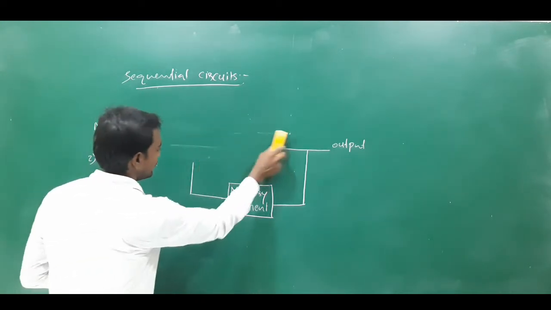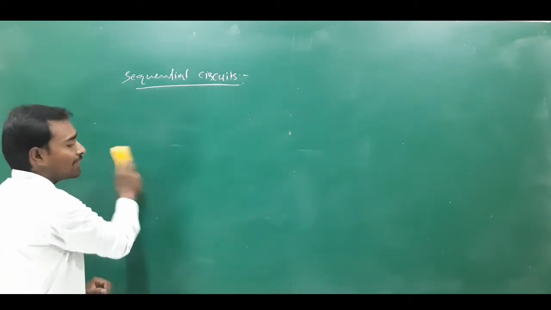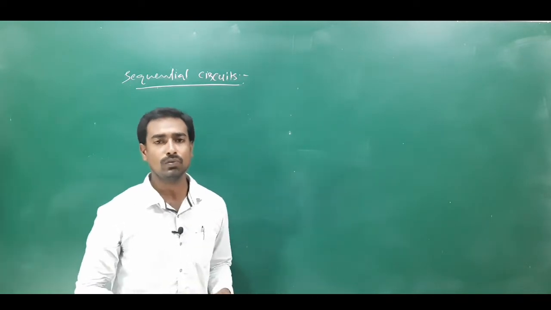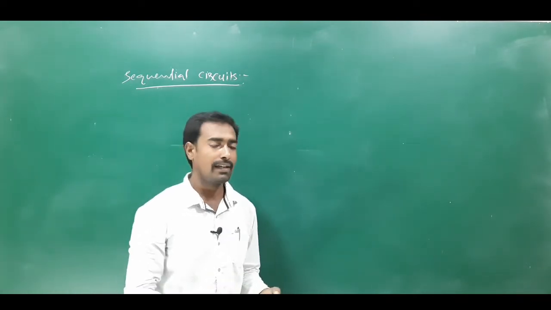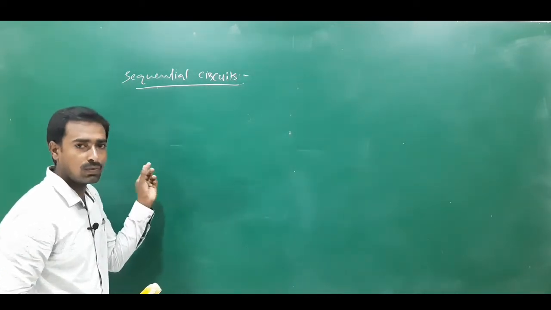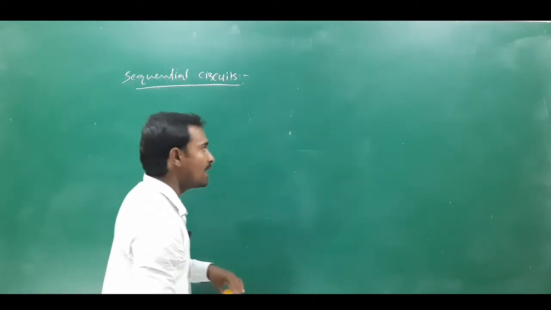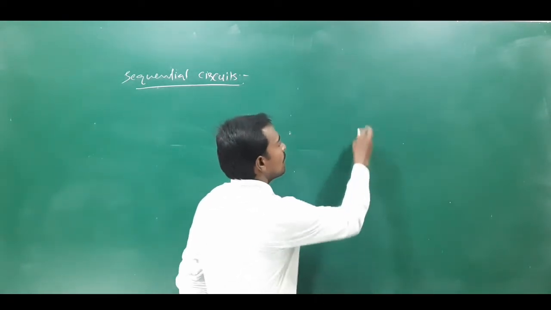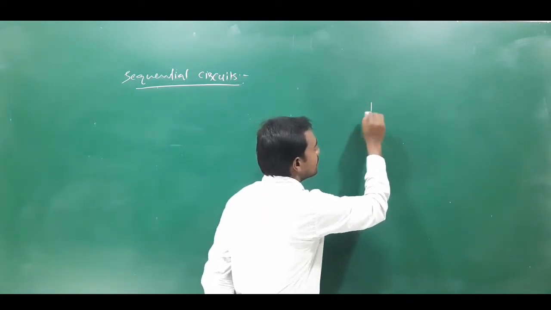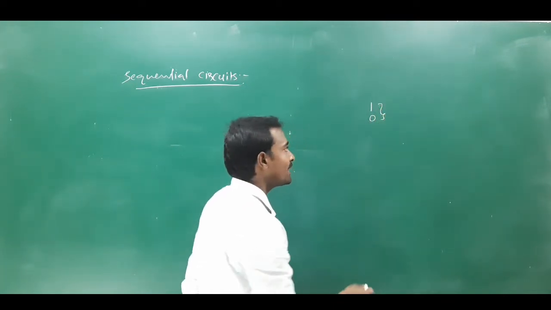Coming to the latches, the latch is a sequential circuit which is used to store the digital data in terms of ones and zeros, and each latch is used to store the 1-bit data. A bit is nothing but either it is 1 or 0. These two are called as binary digits.